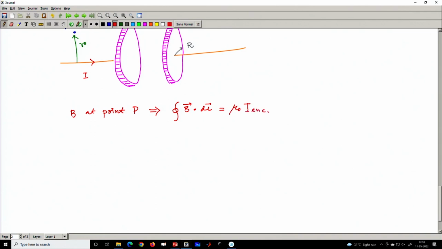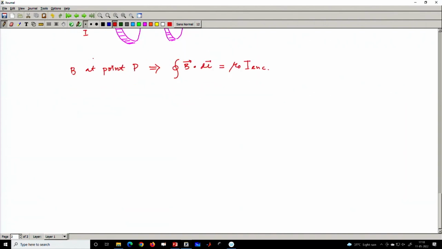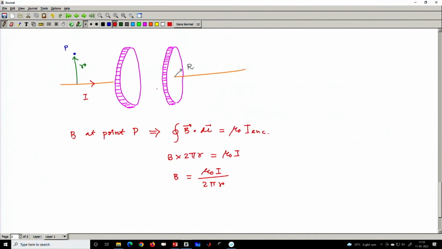Here the current enclosed is I and the length of the loop is 2 pi r. So, I simply have B multiplied by 2 pi r is equal to mu 0 times the current flowing through the wire, and B is equal to mu 0 I divided by 2 pi r. That should be the value of the magnetic field at point P.